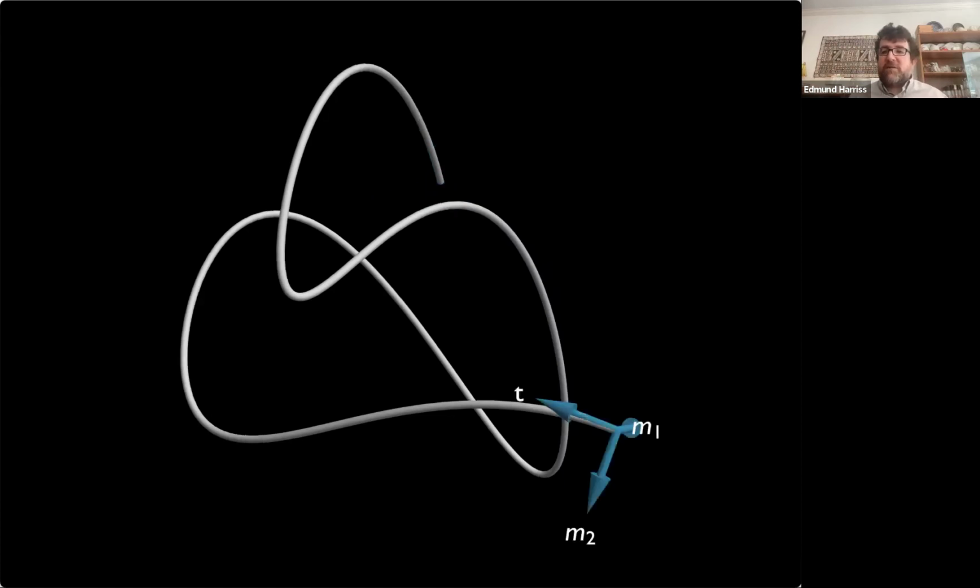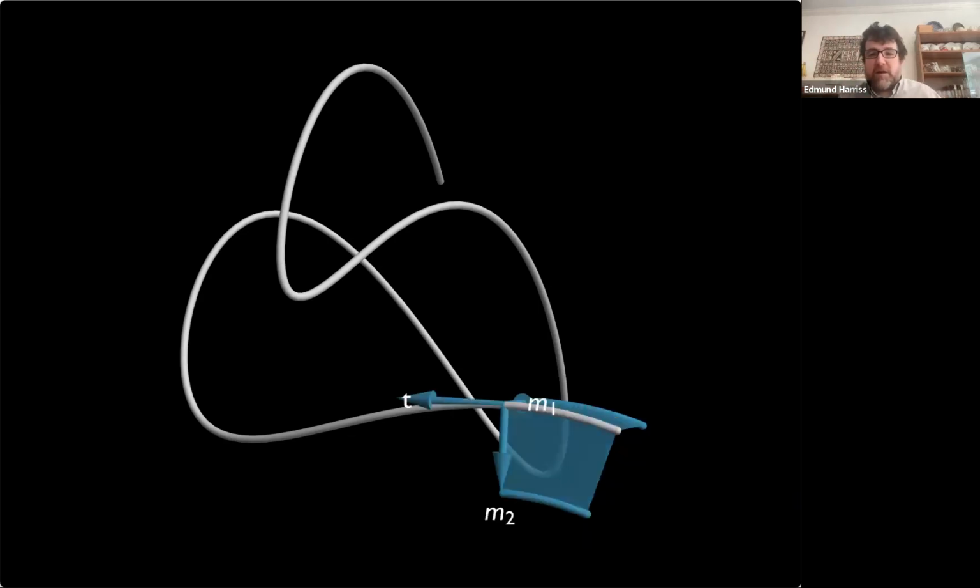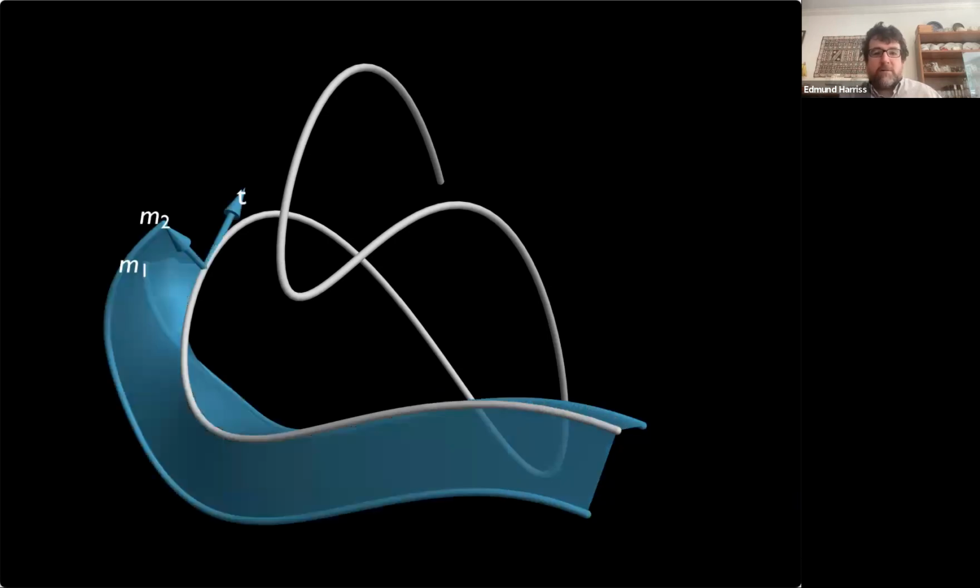So we can shift to a different way of framing the curve. And so now what we're going to do is just say, okay, I'm going to start with a frame, and I'm going to move that frame along my curve, and it's not allowed to twist around T, around the tangent. And so I'm going to have no torsion as I go around.